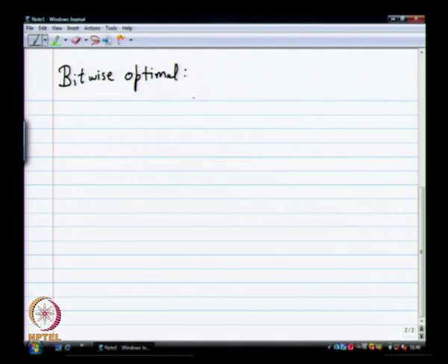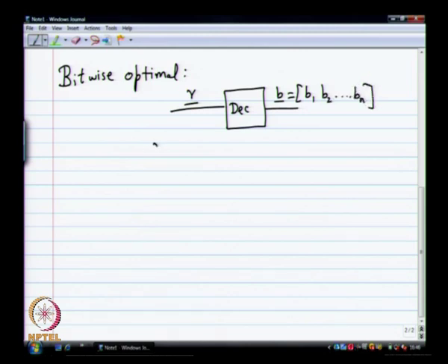So, in this case you think of your decoder working on R as producing some vector B, and the goal is to minimize the probability that Ci is not equal to Bi. Okay. What is Ci?